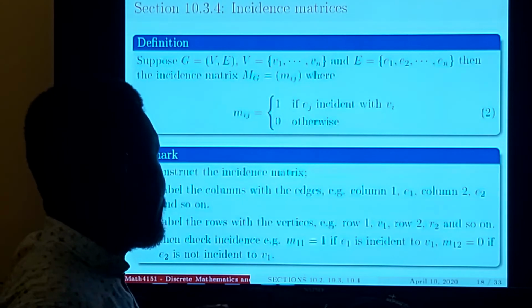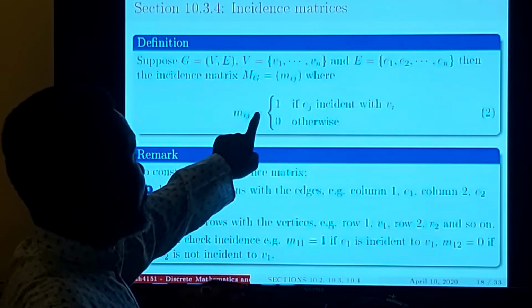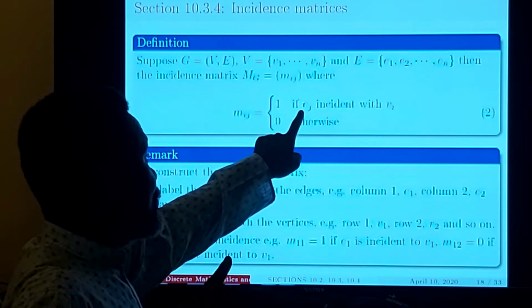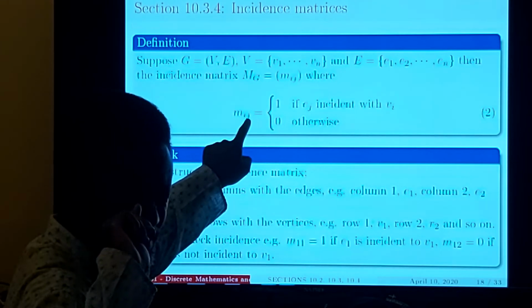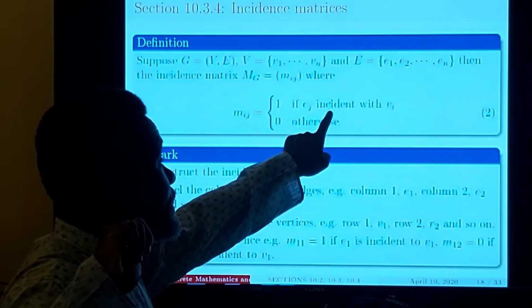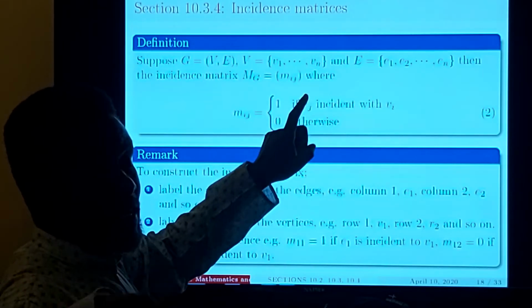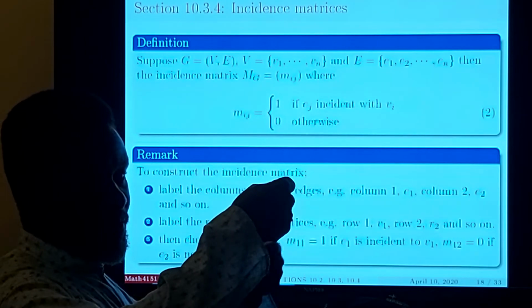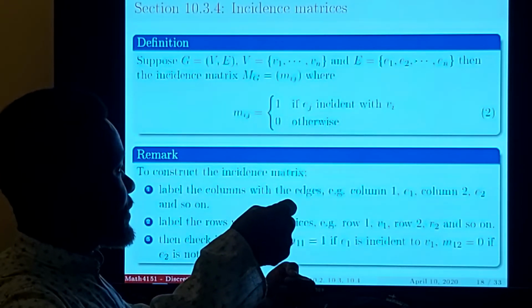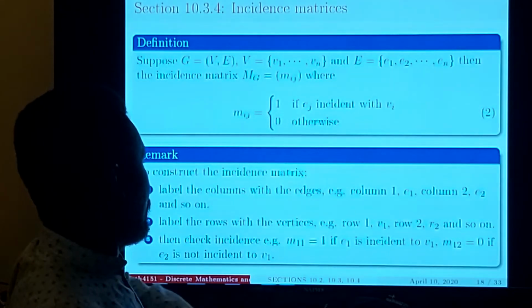Here we define Mij to be 1 if Ej, j corresponds to the edge, is incident with Vi. In other words, if the edge Ej connects Vi to some other vertex, you have 1. And if there's no edge, 0.